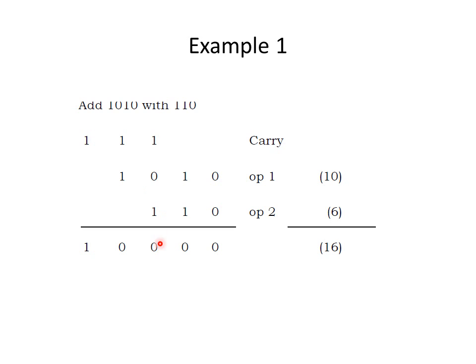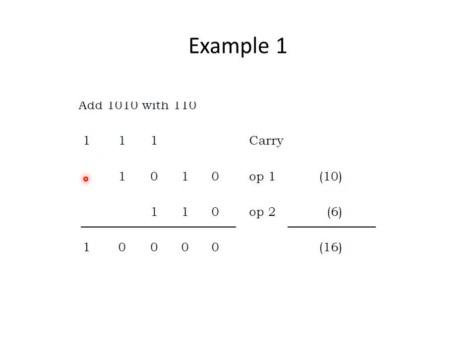Similarly, 1 plus 0 plus 1 means 2, and 2 means 1 0, that is sum is 0 and carry is 1. This carry is forwarded. Now 1 plus 1 again is 2, that means 1 0, the sum is 0 and carry is 1.